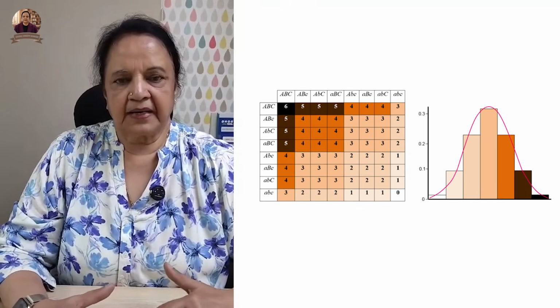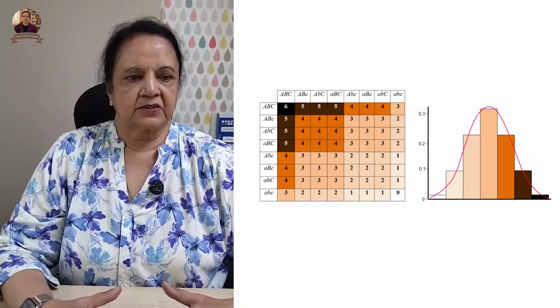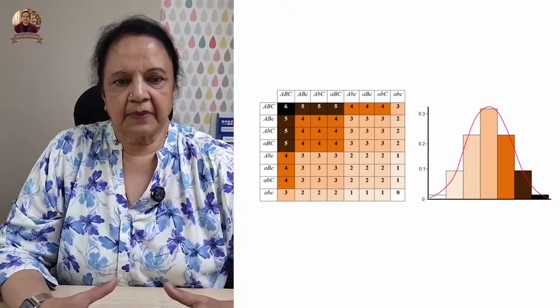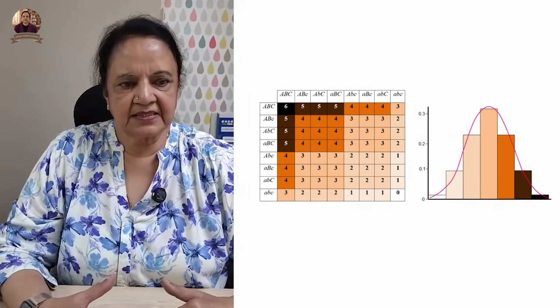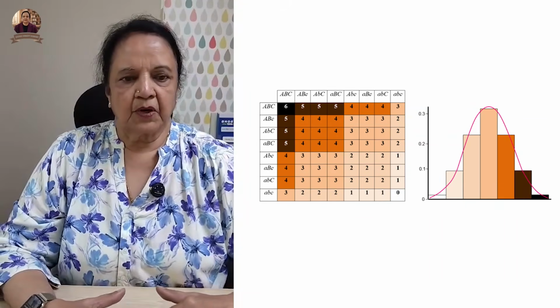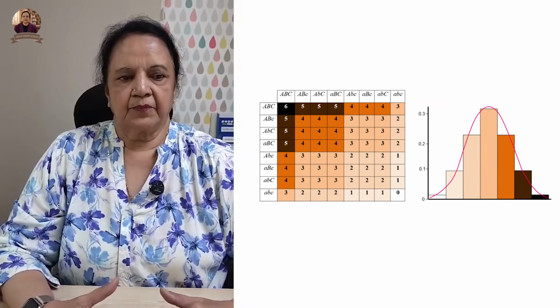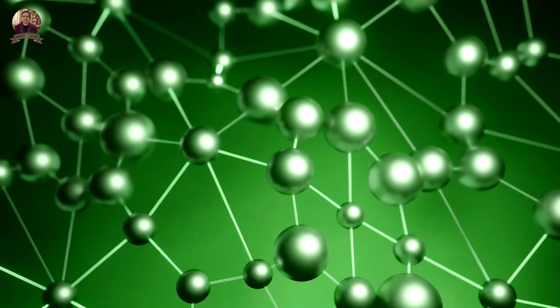It differs from Mendelian inheritance. Mendelian traits like short or tall are controlled by a single gene and produce discontinuous, distinct phenotypes. Polygenic traits are controlled by multiple genes and produce a continuous range of phenotypes.